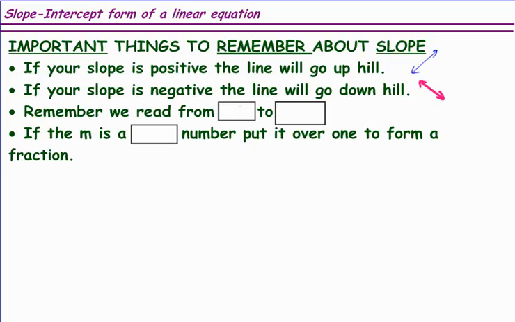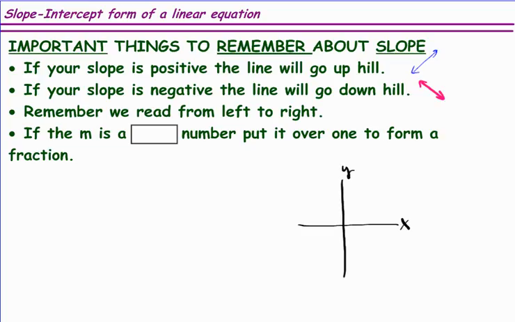And remember that we read from left to right, so when we see our graph on an XY coordinate system, the rectangular coordinate system, a line going like this has negative slope, and a line going like this has positive slope.